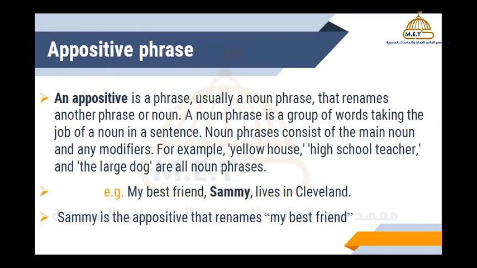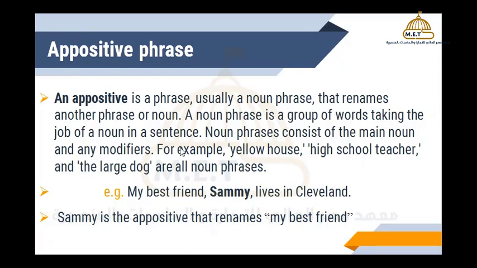The last one we have is the appositive phrase. An appositive is a phrase, usually a noun phrase that renames another phrase or noun. A noun phrase is a group of words taking the job of a noun in a sentence. Noun phrases consist of the main noun and any modifiers.